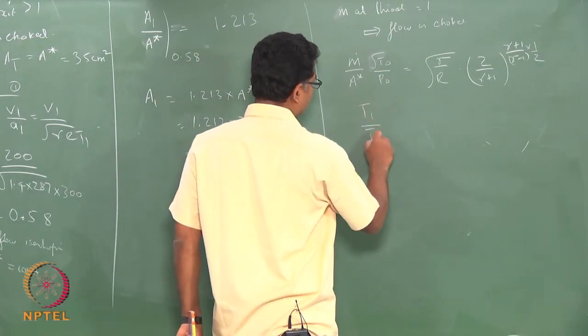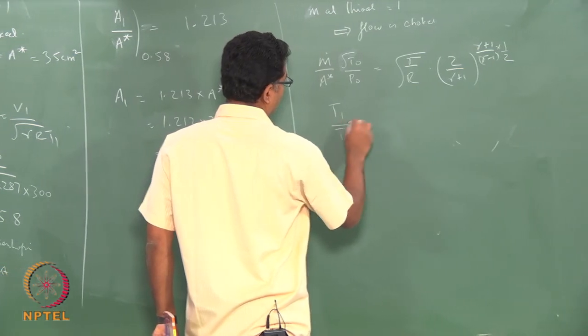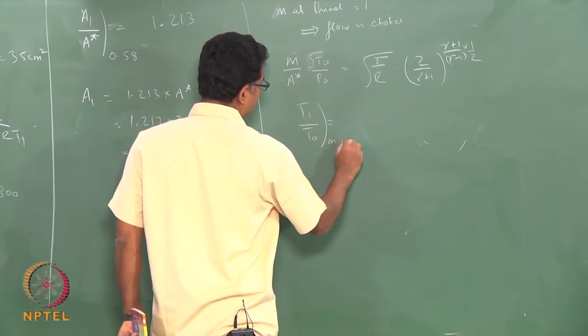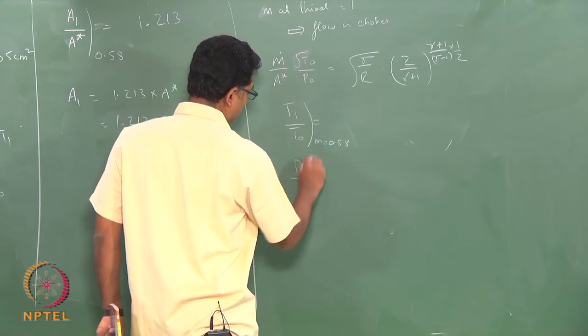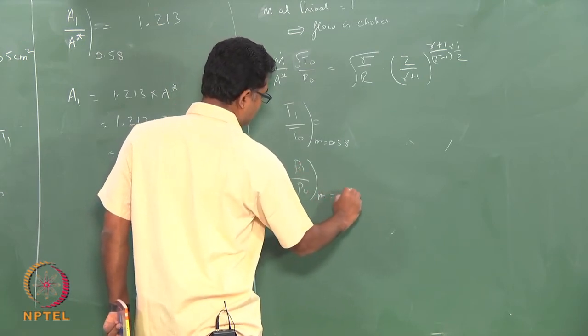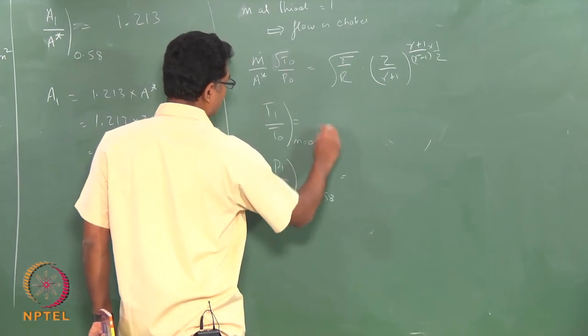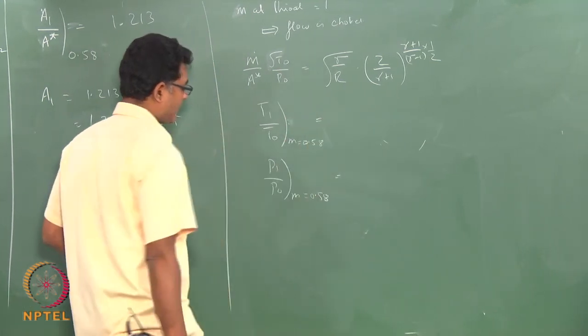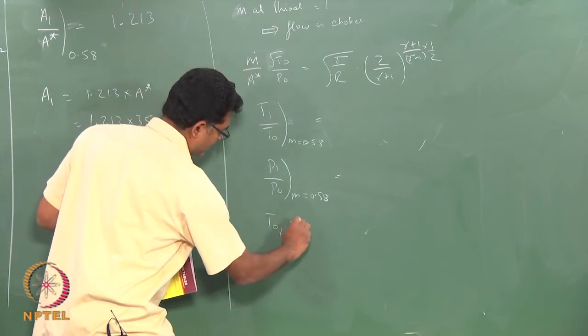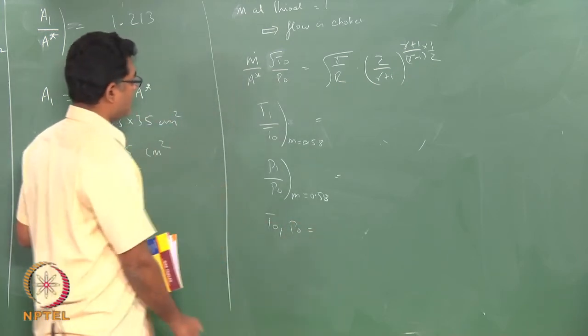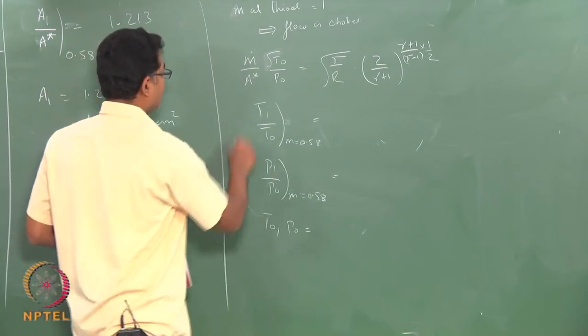You have T1 by T0 at M equals 0.58, P1 by P0 at M equals 0.58. From this you can find your T0 and P0, substitute that here.